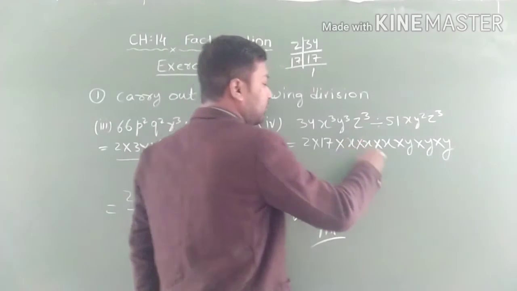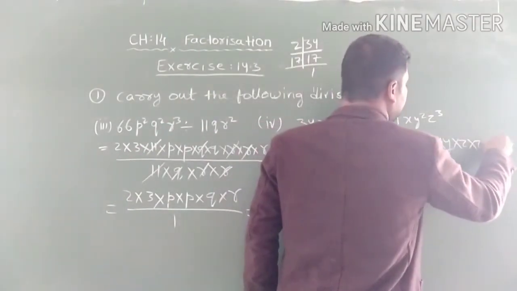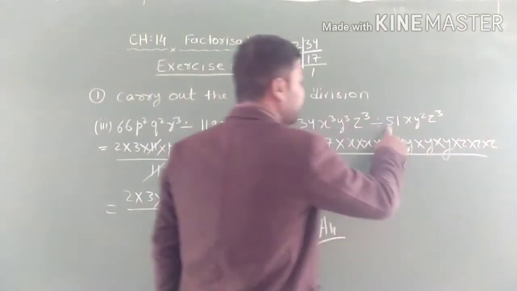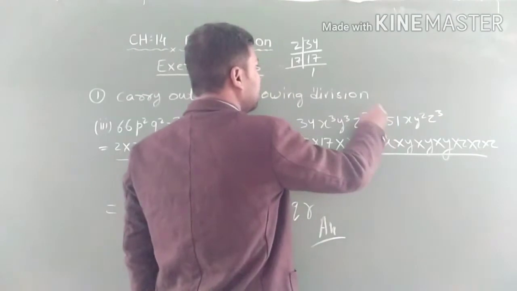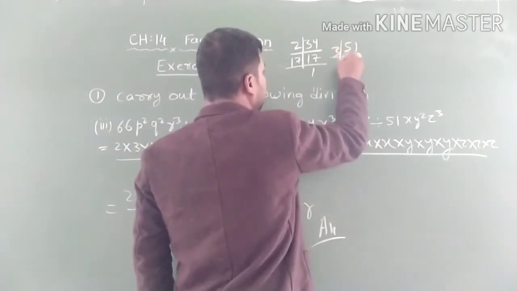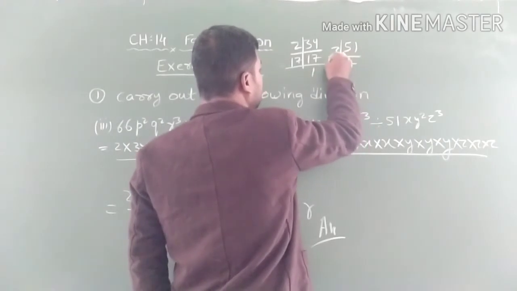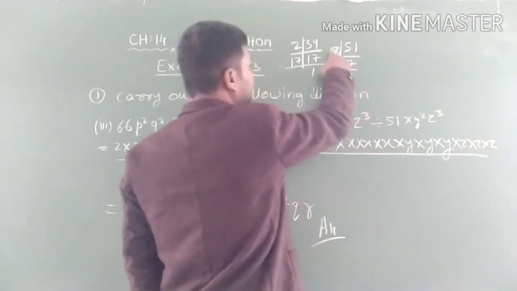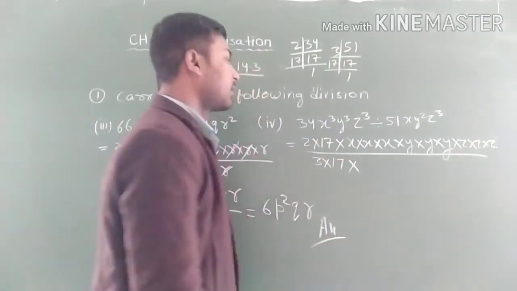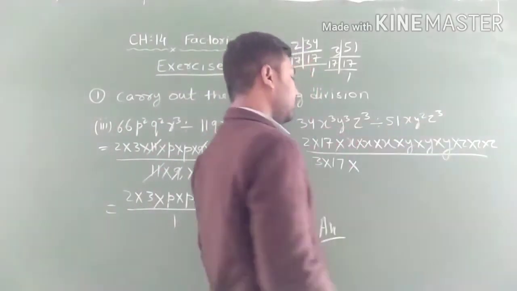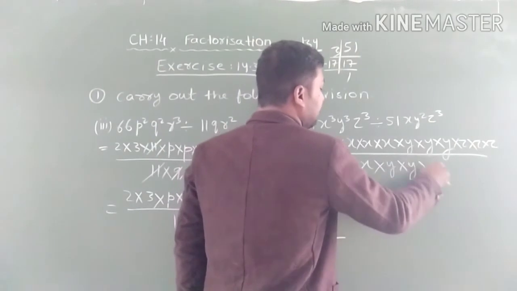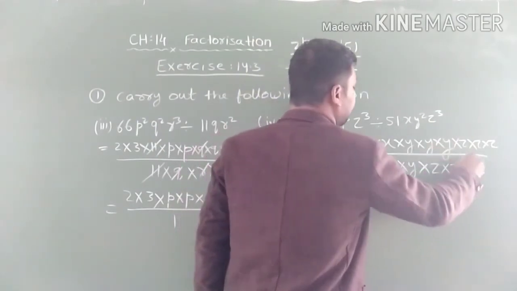And factors of z cube: 3 times z. It is divided by 51 x y square z cube. So the factors of 51 will be 3 into 17. So this is 3 into 17, x, y square, that is y into y, and z cube, that is 3 times z.